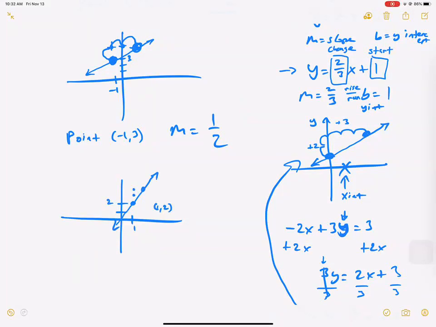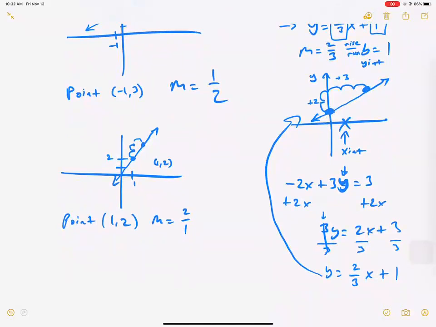Now, your IXL is going to give you a regular graph, and you have to write the equation from that graph. But we have to look for easy points. Now, easy point here is 1, comma 2. So my point is 1, comma 2. And what's my slope? My slope is rise 2, run 1. 2 over 1.